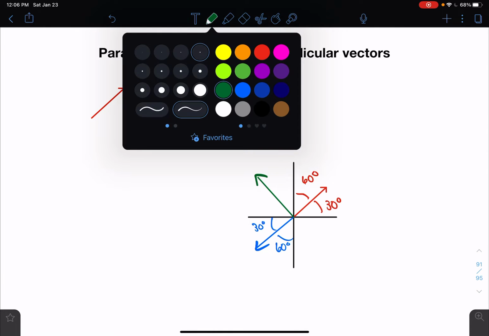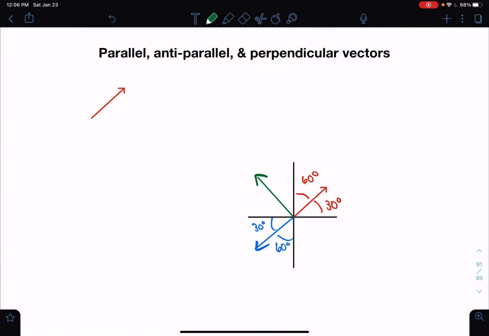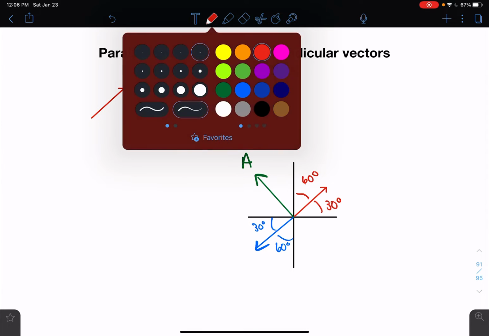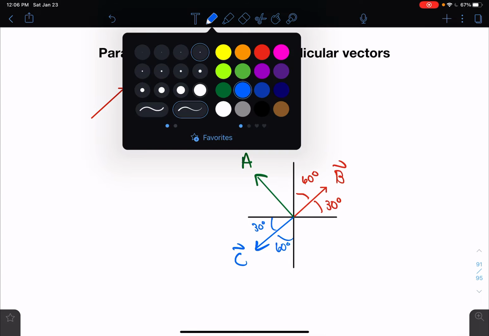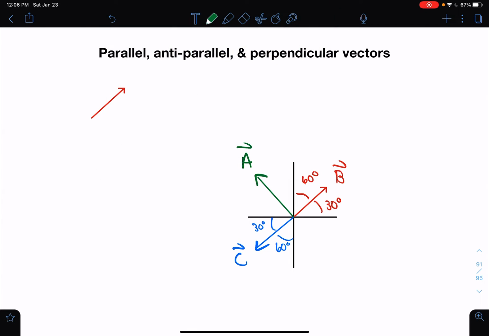Now, just to label these, instead of just identifying them by color, let's say this is vector A, okay? And then I'll say this is vector B, and I'll say this is vector C. So I am saying that vector A is perpendicular to B and C. And what does that mean? That means the angle from A to B has to be 90 degrees.